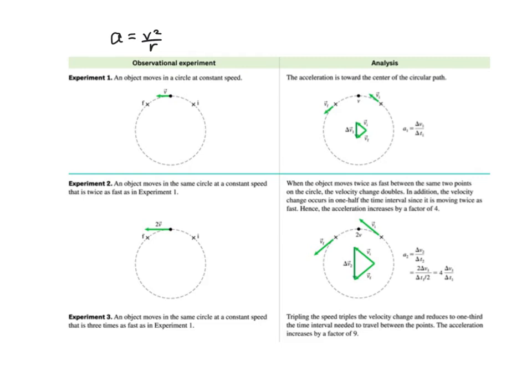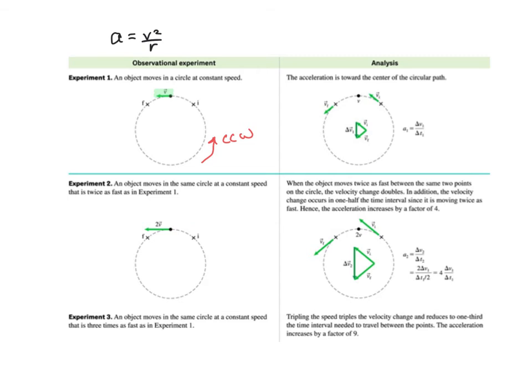This is right out of your e-text, so follow along with me on this. I'm starting in the upper left here with experiment 1, the object moving now. It's actually moving counterclockwise, so this is different than what I've been showing you. So now it's moving counterclockwise. So at this instant in time, this object is moving to the left at a certain speed.